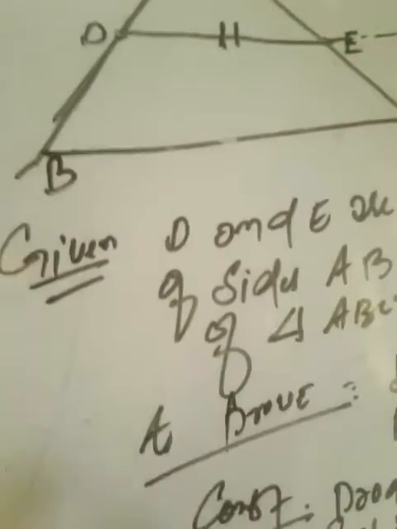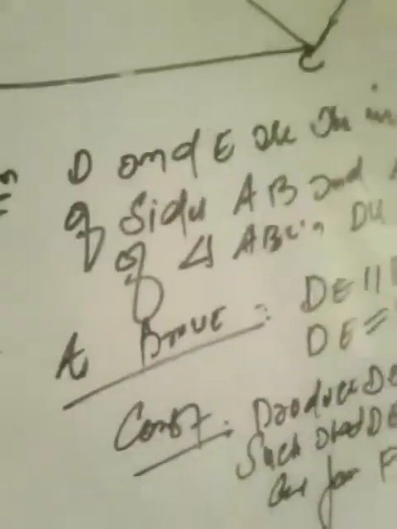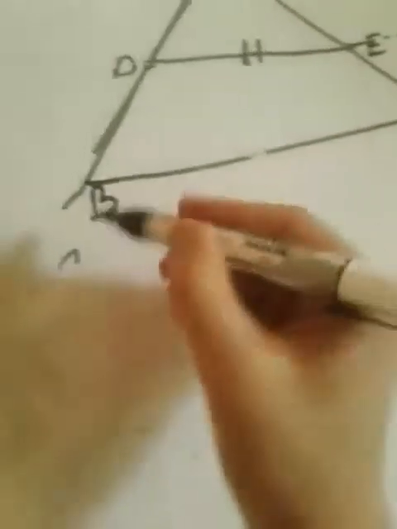So this is all about the given and construction. Let us prove it. I have unavailability of space here, so please pause the video to note it down first. Proof.